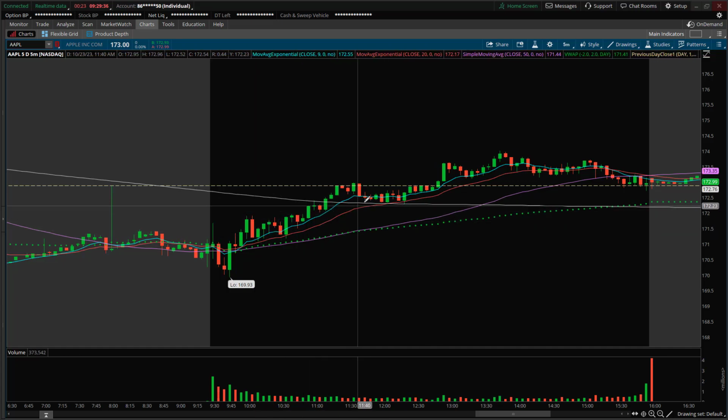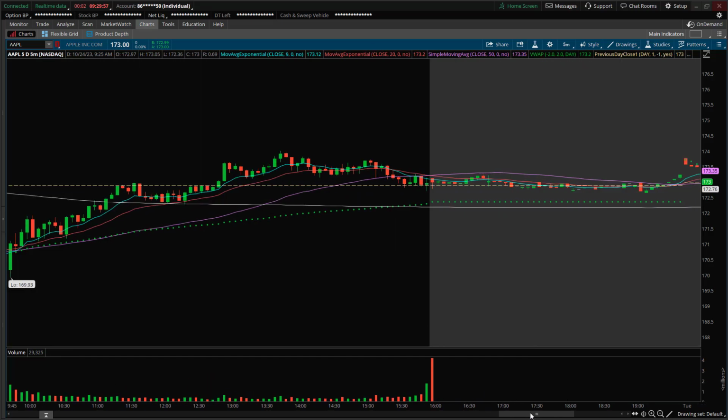And as price gets above there, you'll see this is a nice clear trend where price is riding above the 9 and the 20. And then you see, this went on for pretty much the whole day. Then you see the moving average lines go sideways, and you'll see price action go sideways, and then you'll start to see a cross to the bearish side, and then it trades sideways after market.